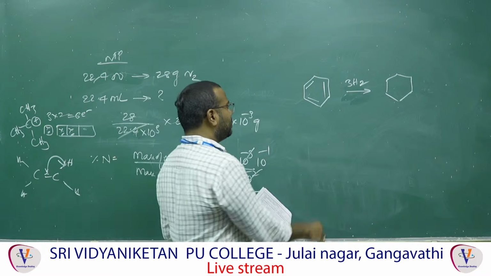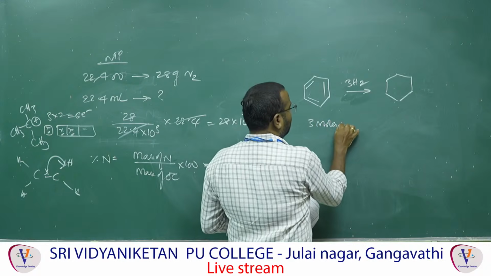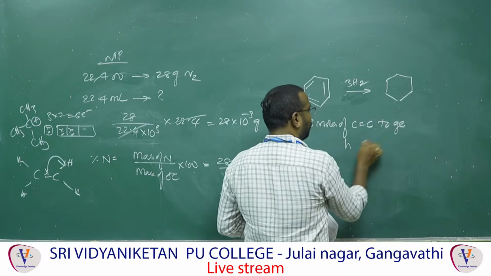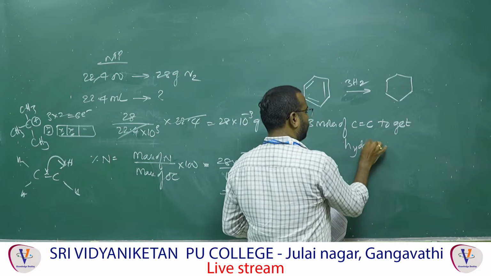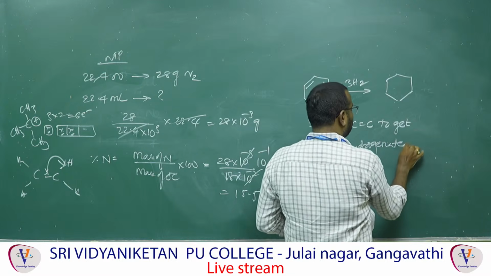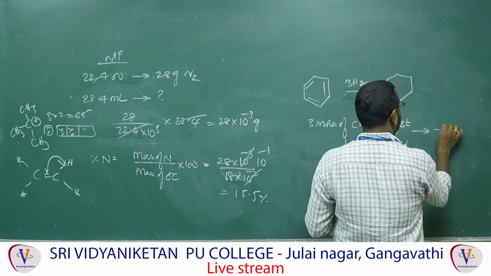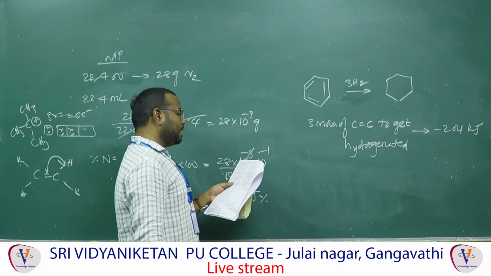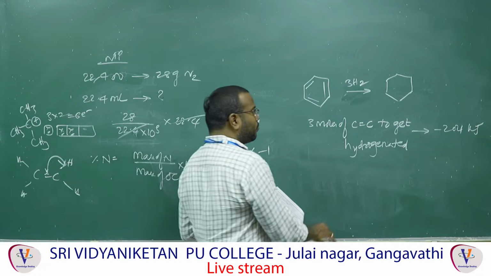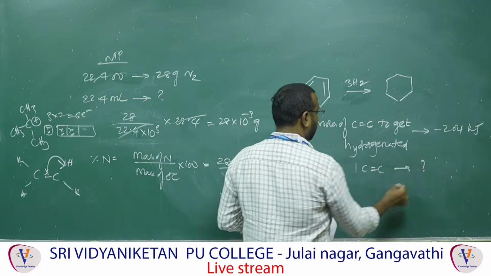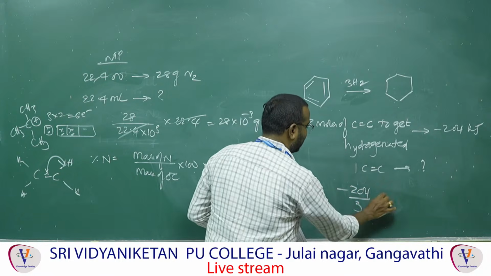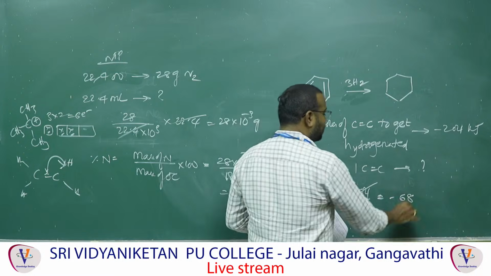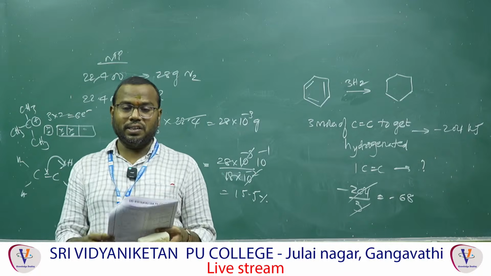For 3 moles of C double bond C to get hydrogenated, the amount of heat liberated is minus 204 kilojoules. Then what is it for 1 C double bond C? Minus 204 by 3 is what we have. 6 3s are 18, 24 is left, so 68. Option 1 is correct answer.